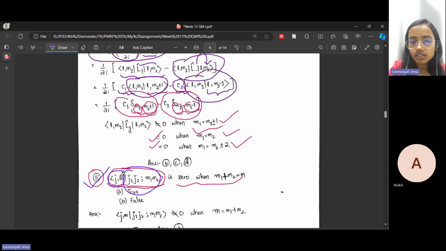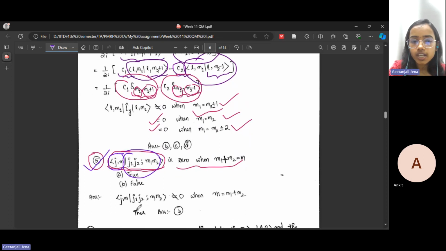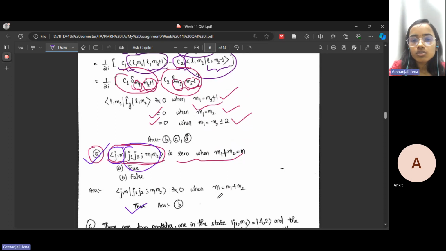And if M is not equal to M1 plus M2, then in that case it will be 0. So the answer will be B, which is false. This is also one of the conceptual questions. It's a one-line solution. If you know the concept, then you can easily approach this question.